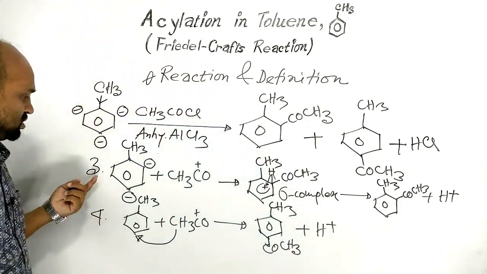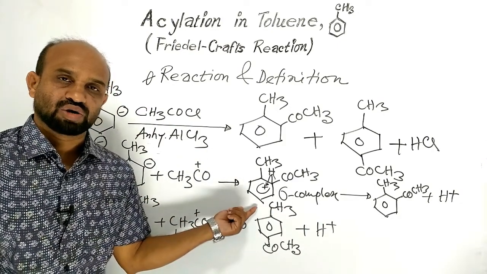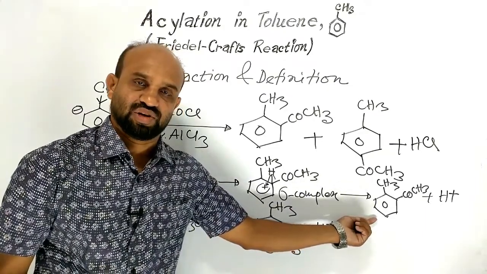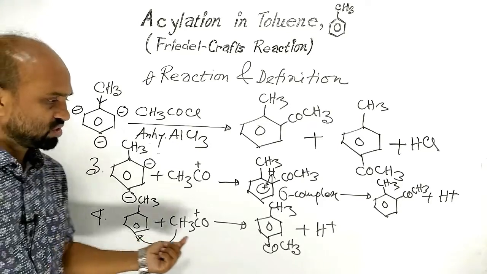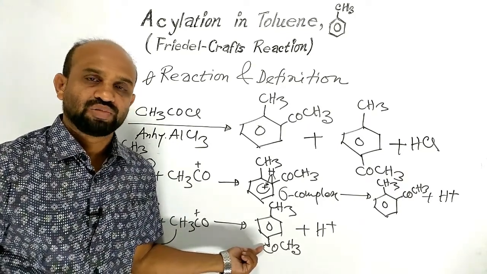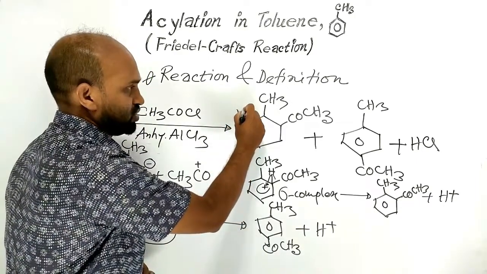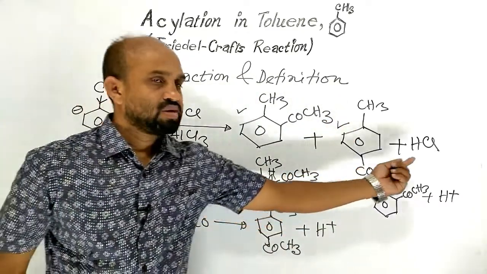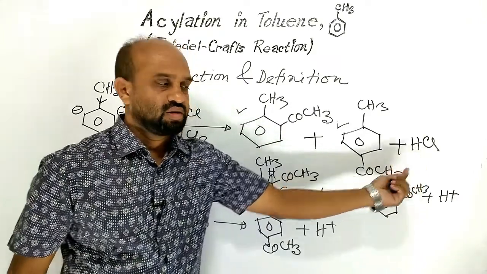So from step 3 we get 2-methyl-acetophenone, and from step 4 we get the main product, 4-methyl-acetophenone.